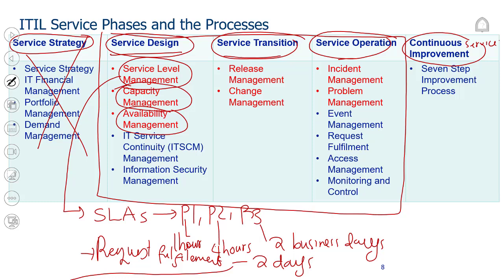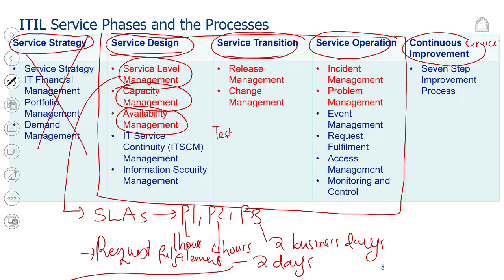Service transition. Just quickly going through what service transition is all about. There's no single organization that would actually be working from what we call the production environment. We'll always have different environments. So in most places where you work, you'll always have, for example, 3 environments. You can have, for example, a test environment.